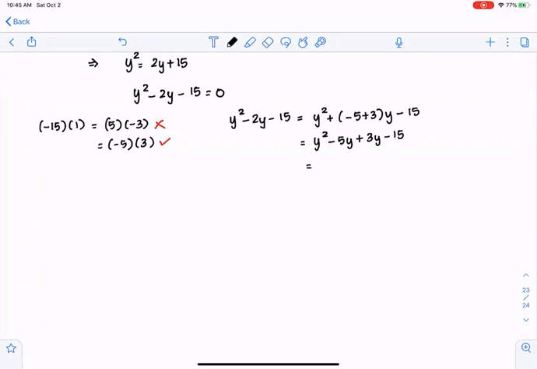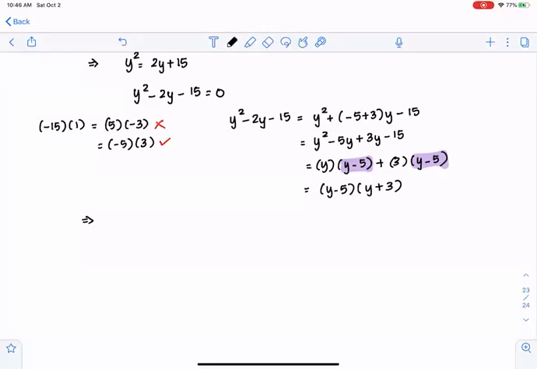We have a y in common in the first two terms. If I pull that out, I would have y times (y minus 5). We have a 3 in common in the last two terms. If I pull that out, I would have 3 times (y minus 5). Y minus 5 is now in common. If I pull that out, I would leave behind y and 3.